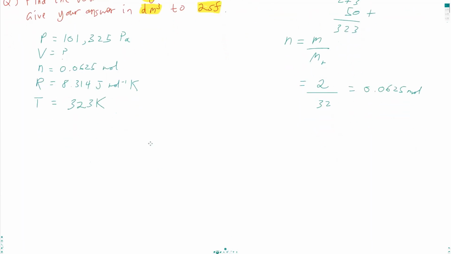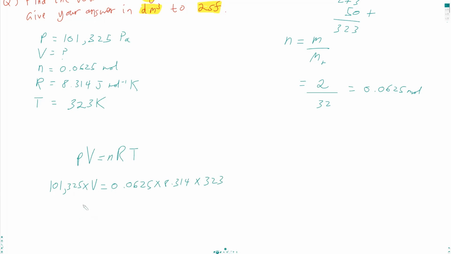Okay, so now we plug all of those numbers into PV equals nRT. So 101,325 times V equals 0.0625 times 8.314 times 323. I don't recommend doing it this way.